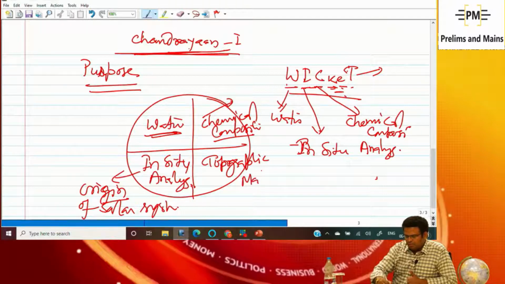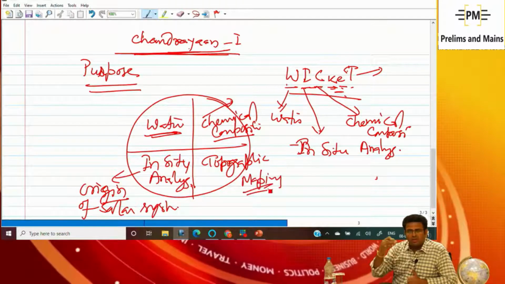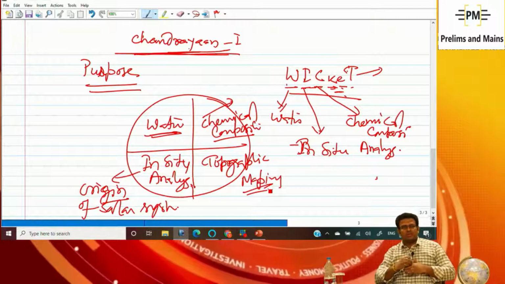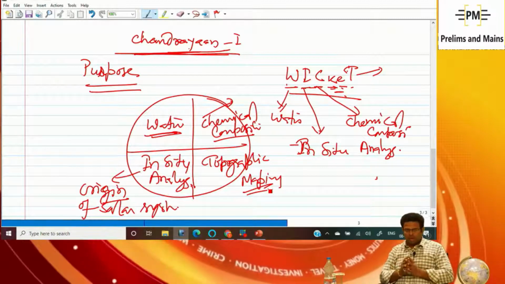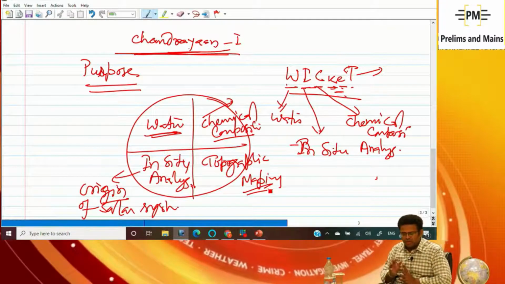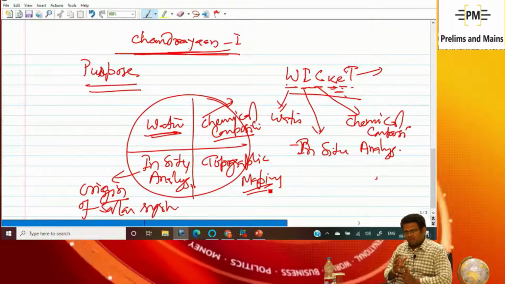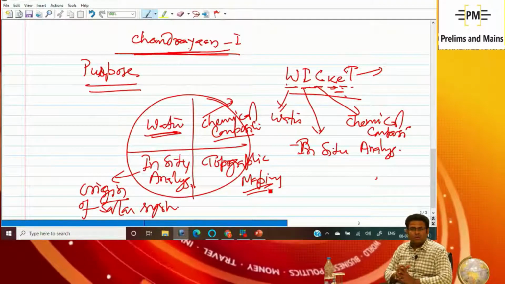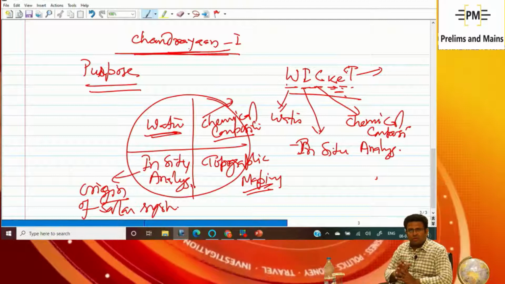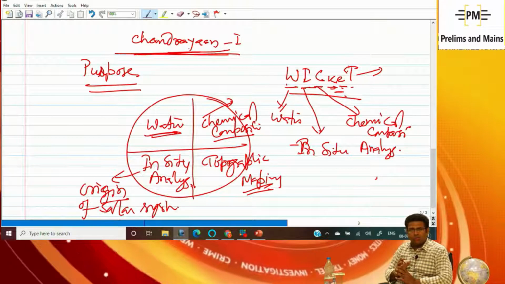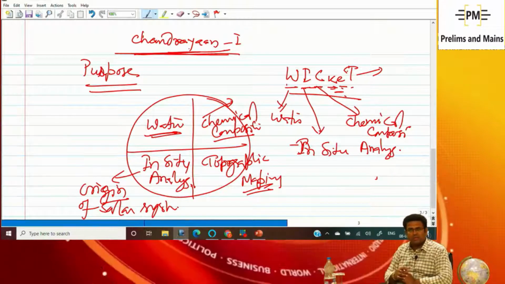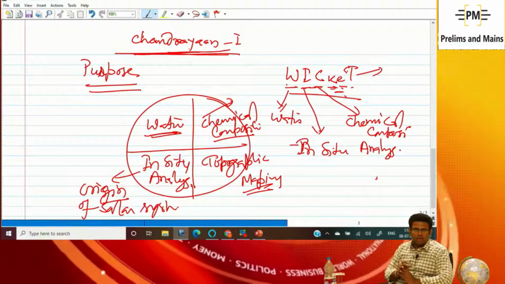It means what are the mountains, hills, what are the structures that are there. So these are the four things: whether they have lots of volcanoes, whether they have soft rock, whether they have hard rock, whether they have lots of mountains, valleys. So topographic mapping.